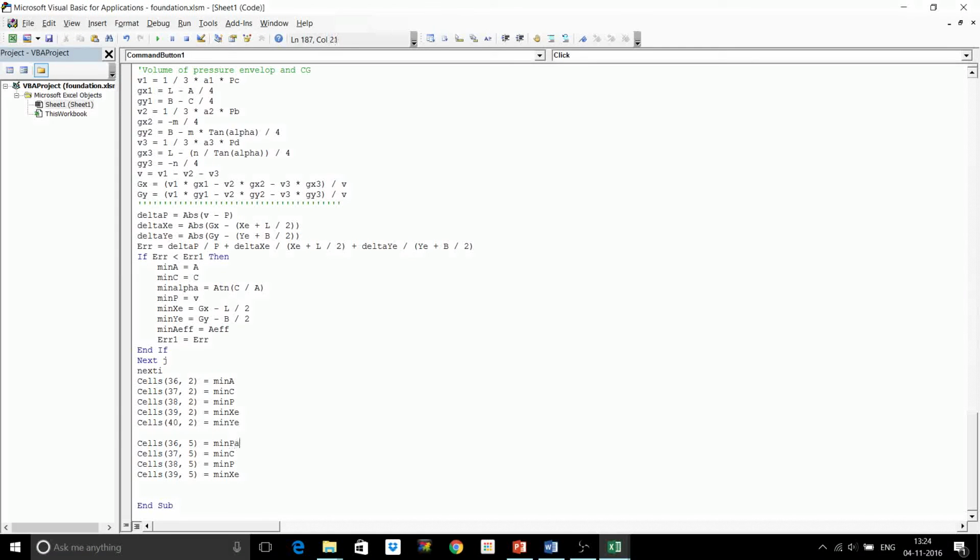Min PA, PB, PC, PD, and I will take those values also. Min PA is equal to PA. Min PB is equal to PB. Min PC equal to PC, and min PD equal to PD.